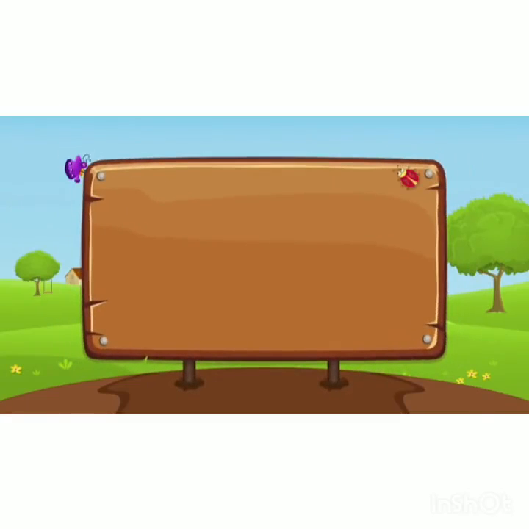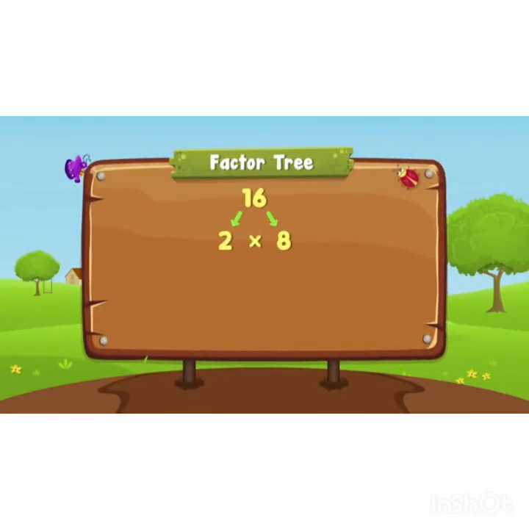In this method, we make a factor tree. A factor tree is a diagram used to break down a number by dividing it by its factors until all the numbers left are prime numbers. Let us prime factorize the number 48. 48 can be factorized as 2 into 24. 24 equals 2 into 12. 12 equals 2 into 6. 6 equals 2 into 3.